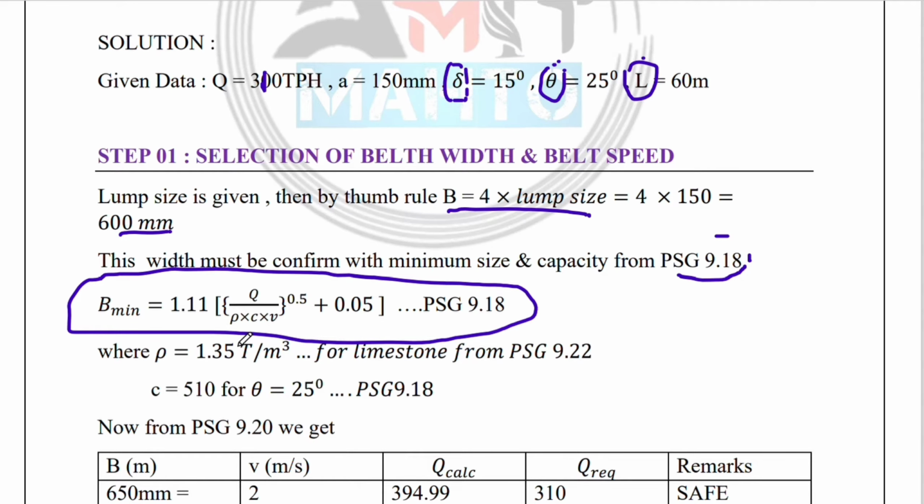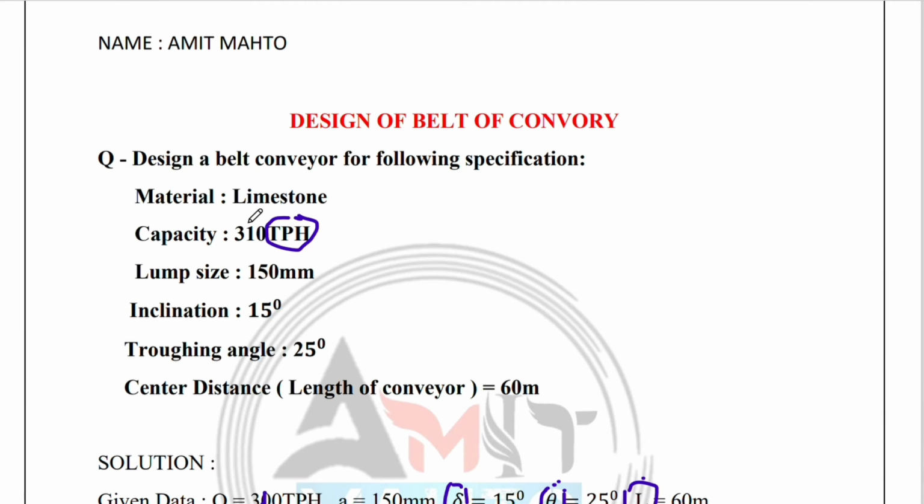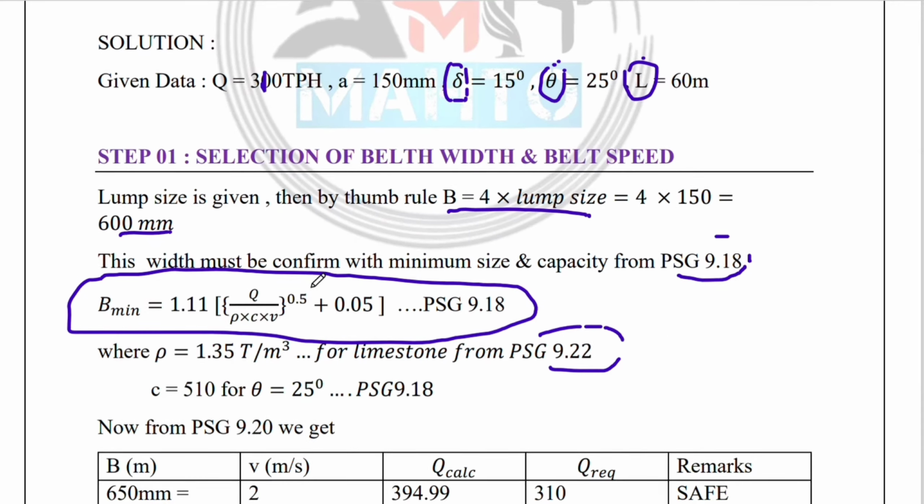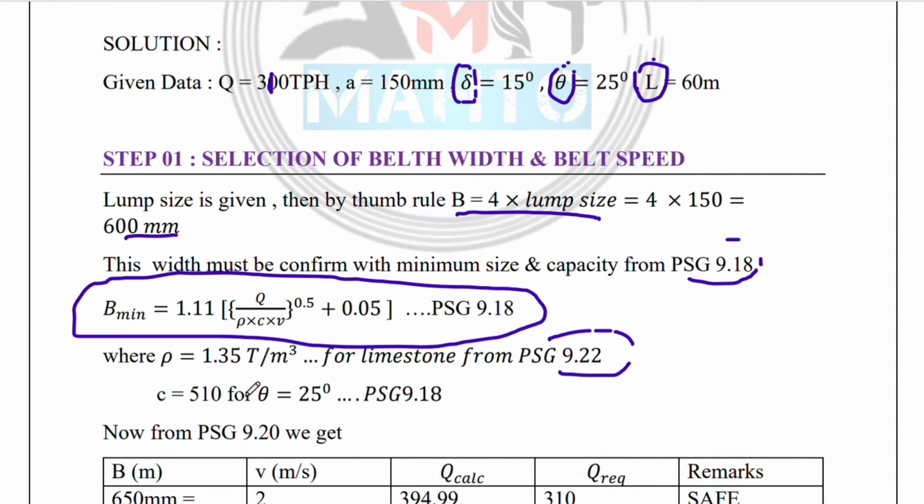So how to find density? To find the density, go to PSG page number 9.22. On PSG 9.22 there is one table of material. There, find the material given in the question, which is limestone. There is a density column.